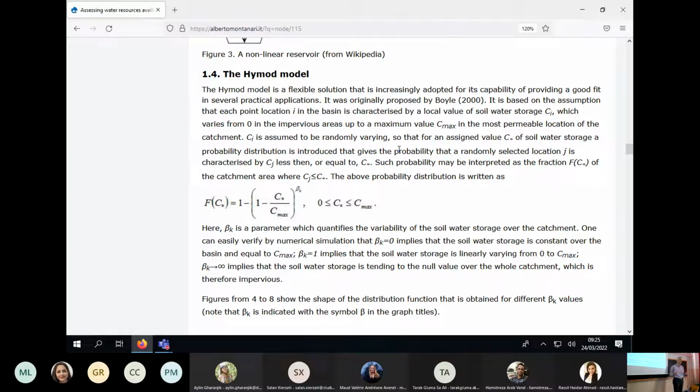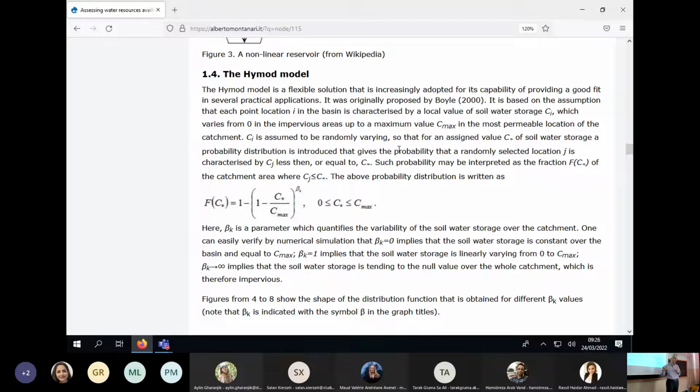It's a fraction of the catchment. If I give C star the value of 0, the fraction of the catchment that has a lower or equal water storage is 0. If I give the value C max, the fraction is 1, because everywhere in the catchment I have a soil water storage less than or equal to C max.